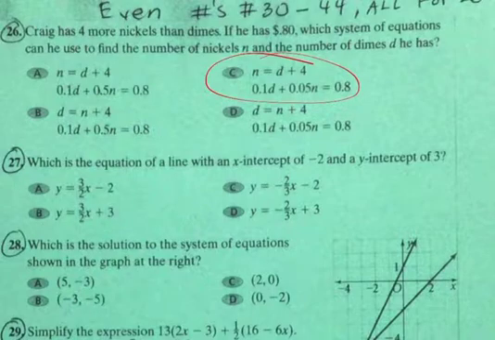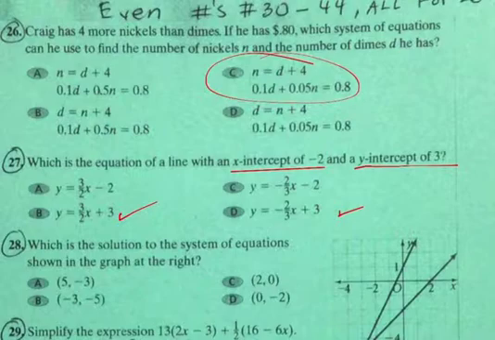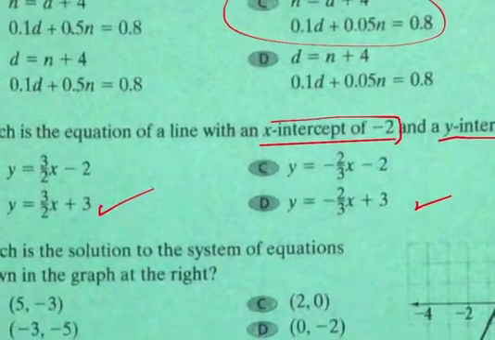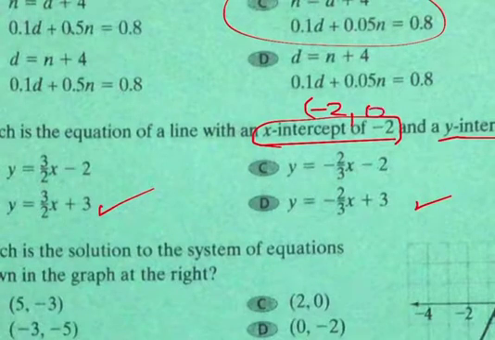Which of the equations has an x-intercept of -2 and y-intercept of 3? Here has the y-intercept of 3, so it's between these two, right? So how is it B? Because x-intercept is when x is -2, y is 0. Y-intercept is when x is 0 and y is 3.